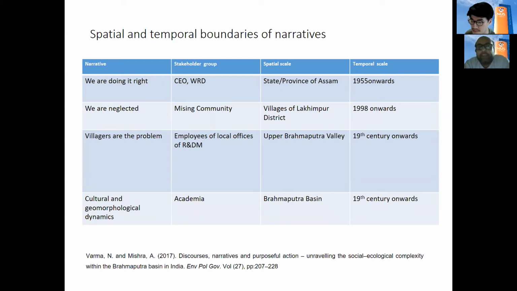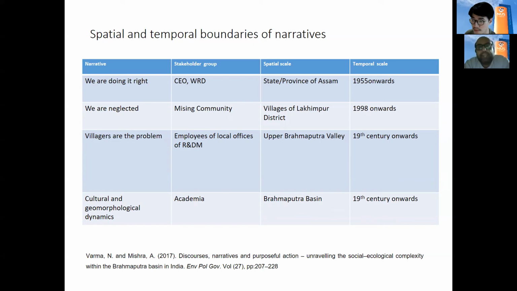Other departments like the revenue and disaster management feel that the villagers, the tribe, the community is the problem, because they do not shift away from this risk-prone area, and rather they build their settlements over the embankment.